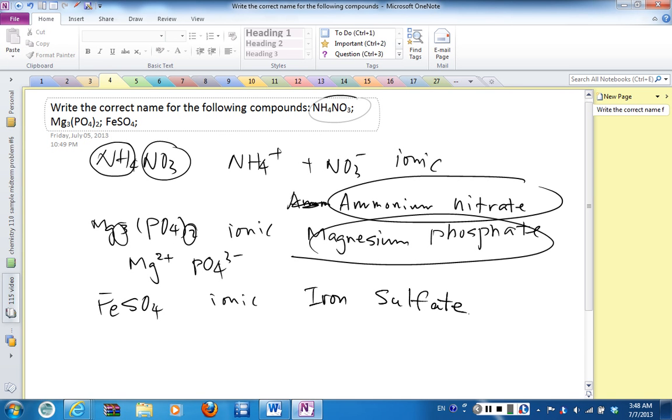Well, hold on for a sec. Yes, they're matching up one-on-one perfectly, but if you call this one iron sulfate, what are you going to call this one?